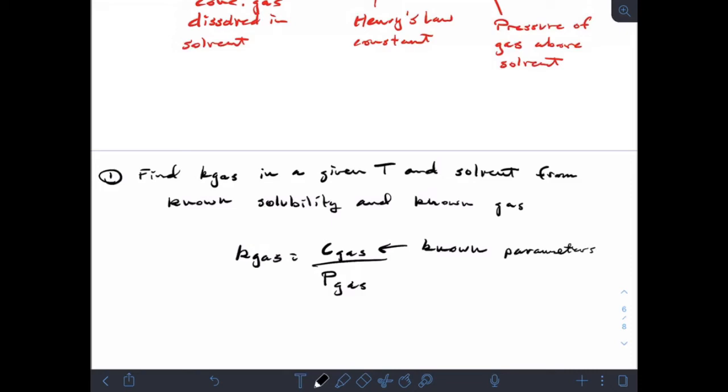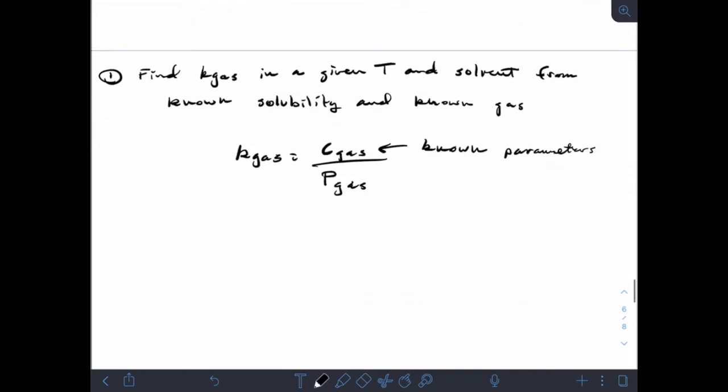Okay, so a lot of work has gone into making tables of these types of things. So given a certain temperature and a certain solvent, we know that a certain amount of a gas will dissolve. We know the solubility of a gas in a particular situation. Okay, so we're going to use that information to find K gas.